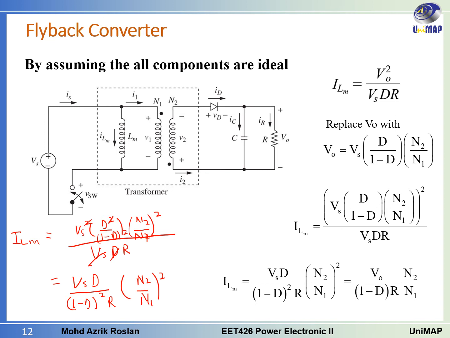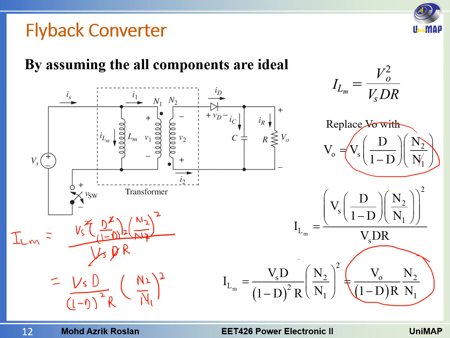So you can use this equation if you don't know the value of the output voltage. We don't have the value of V out, so we can use the Vs here. Furthermore, if you take Vs d over 1 minus d times n2 over n1 and factor it out from here, it means you replace Vs d over 1 minus d times n2 over n1 with V out. You can get this equation: ILM equals V out over 1 minus d R times n2 over n1.